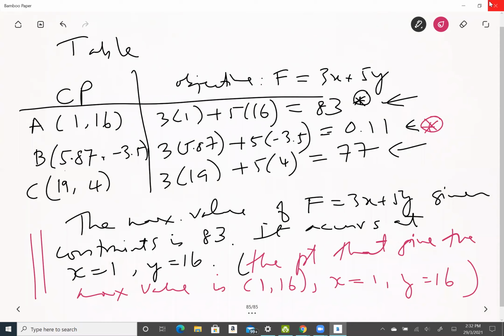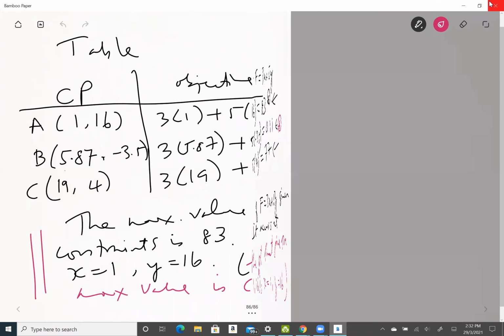First of all, I would just like to give you the outline of the method, based on what we learned today and on Wednesday last week. When you look at an application, first of all, you get the idea of what the problem is about.